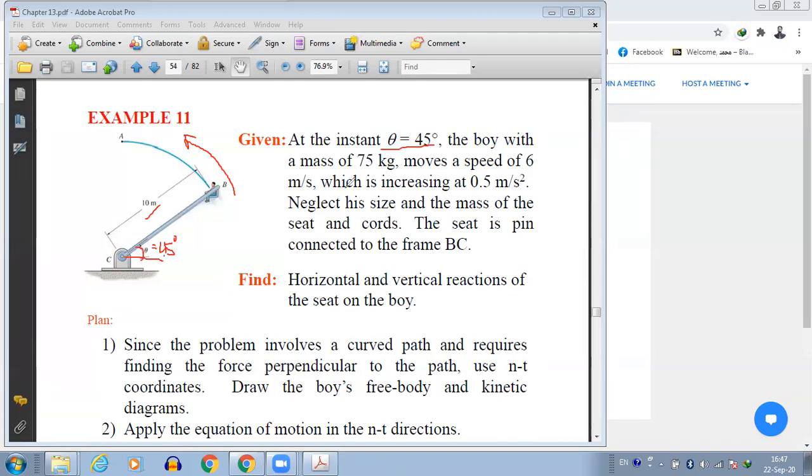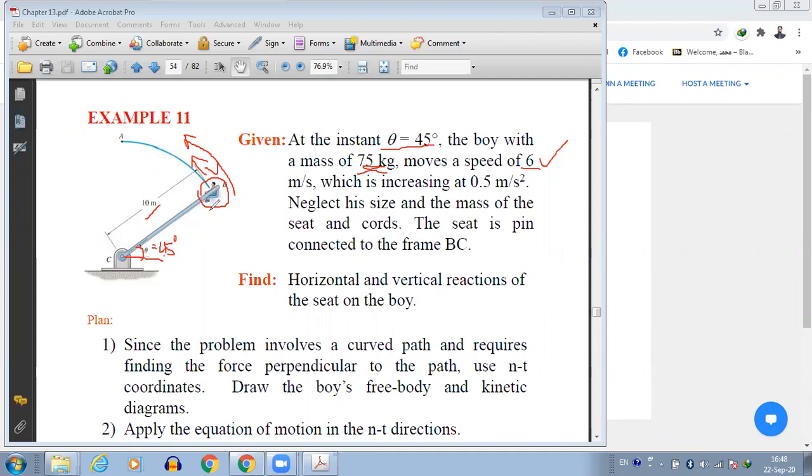The boy has a mass of 75 kg and moves with a speed of 6 meters per second. So what is given? Velocity, right? The velocity of the boy is right now given as 6 meters per second, which is increasing at 0.5 meters per second squared. So what is given is AT.